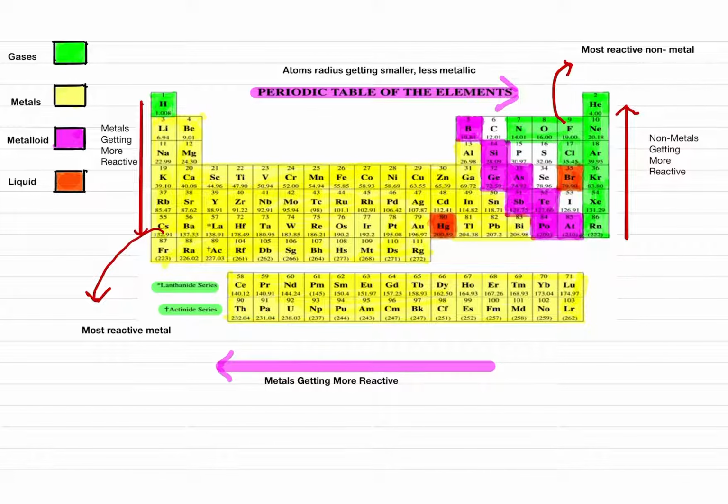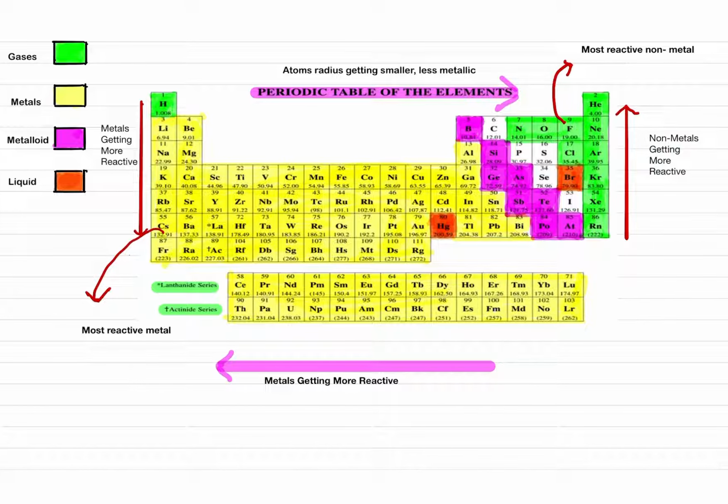These green colored blocks, like helium, neon, argon, krypton, xenon, radon, are the noble gases. Along with them, we have nitrogen, oxygen, fluorine, chlorine, and towards the left side we have hydrogen. All these are gases. So we'll see that there are 11 gases in the periodic table.